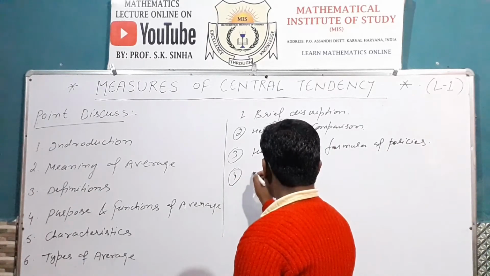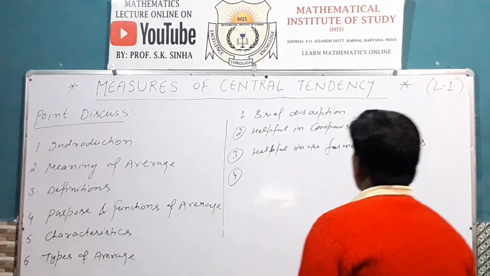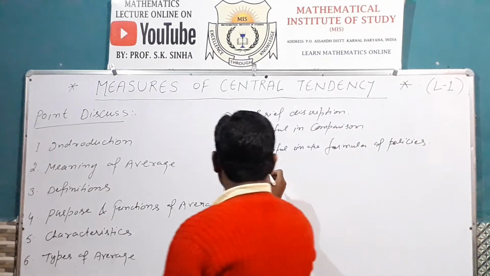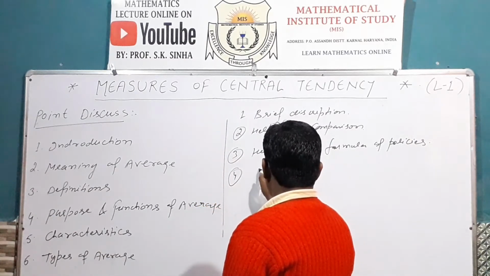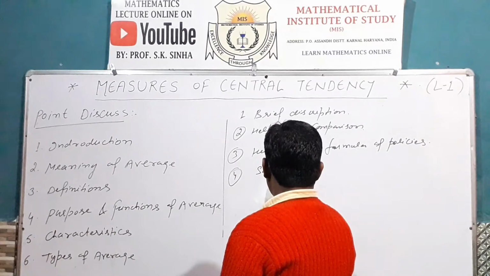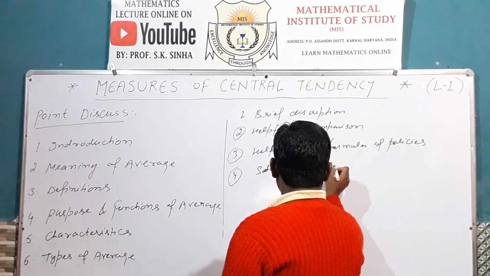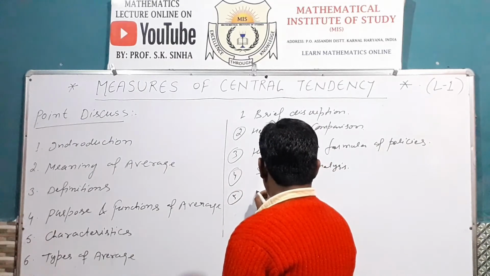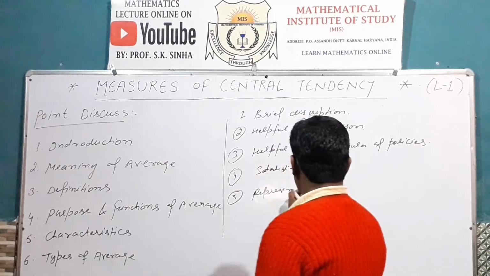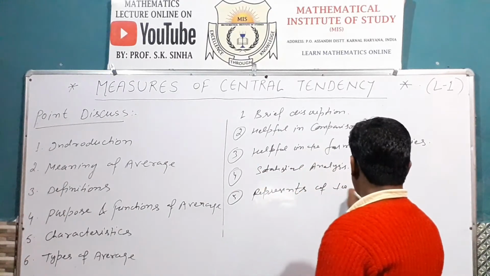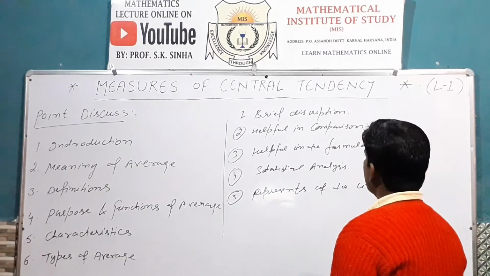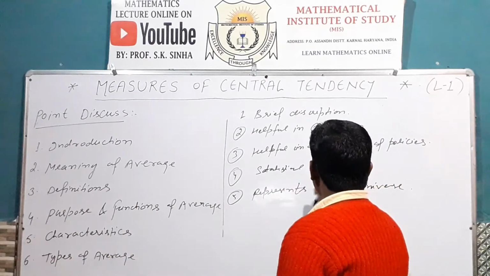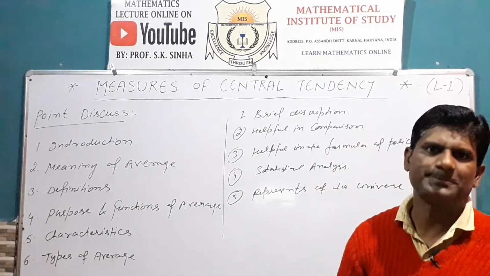Number 4, statistical analysis. Number 5, represents the universe. Okay, or you can say roots of the statistical analysis.